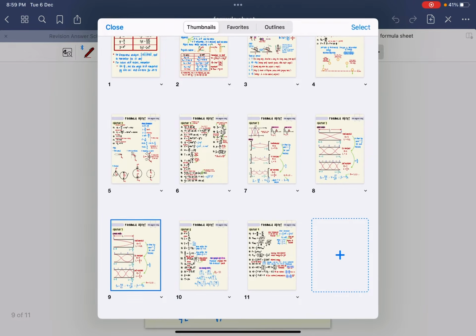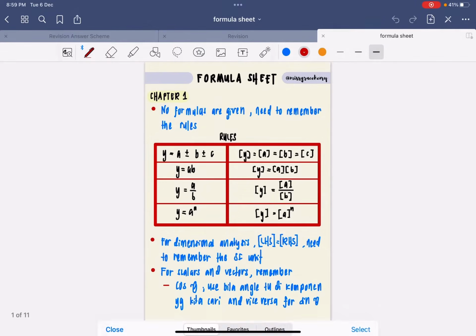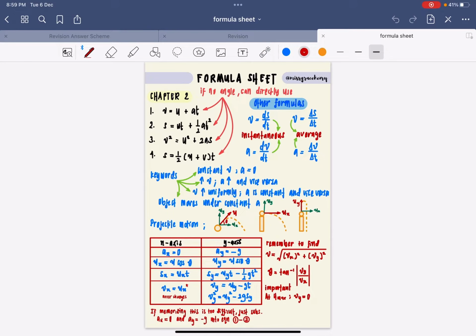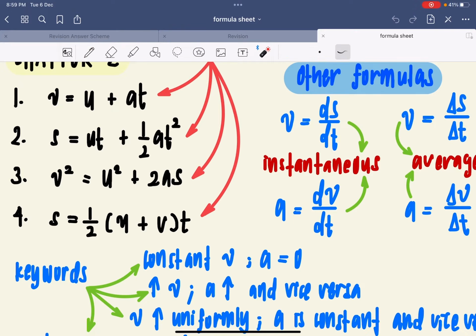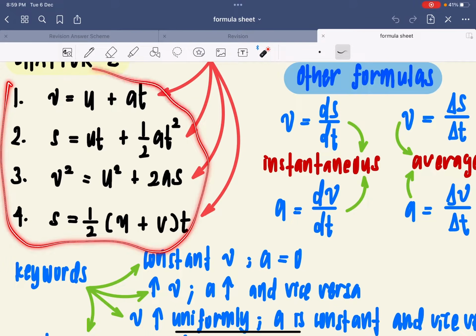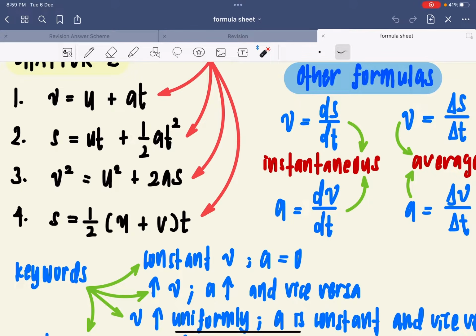So this is a formula sheet that I've written for my students. Basically, everything in black color is in your formula sheet. It's given, so you don't really have to memorize it. You just have to know how to apply it during the exam. Okay, so these are the 4 equations that are available.